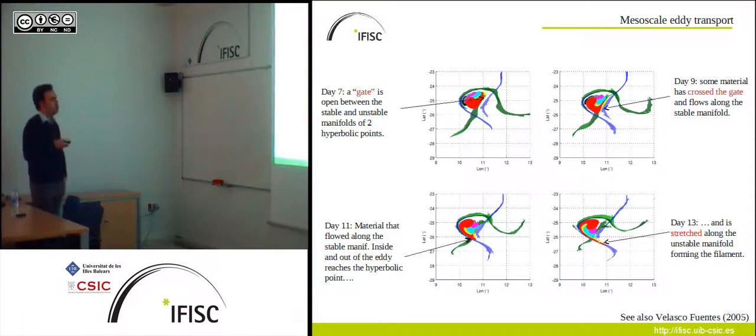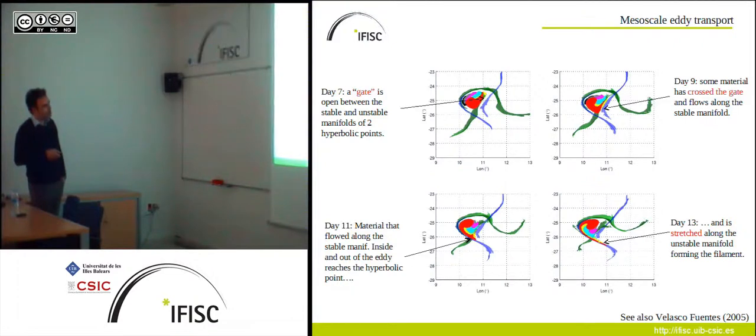But with the results, what happened is that some of the particles leave the eddy through this empty space. You can see that there is a part of the particles that are on the other side of this surface. And you can see clearly here that the filament is formed by two sets of particles.